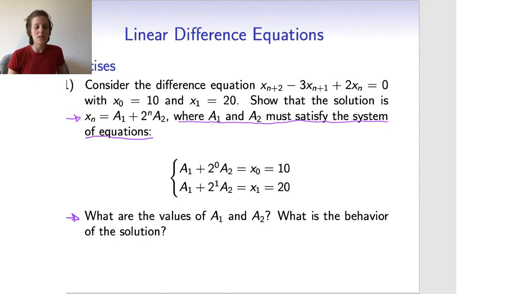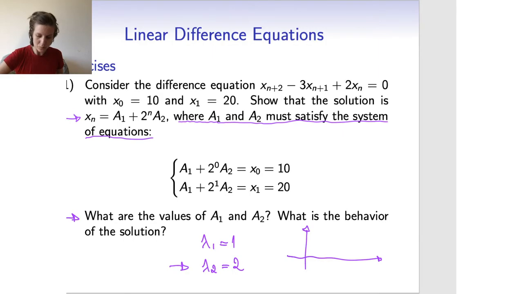So we see that we have one eigenvalue equal 1 and another equal 2. So this eigenvalue here will make the solution increase as n increases. So the behavior of the solution, you can plot it.